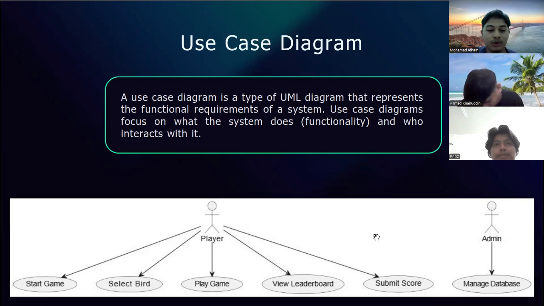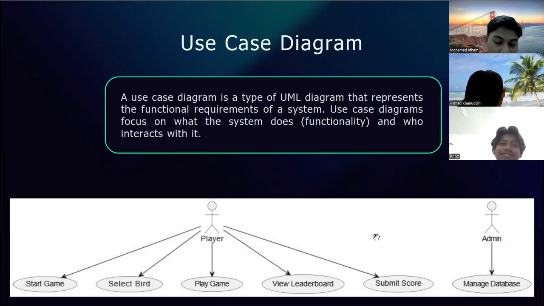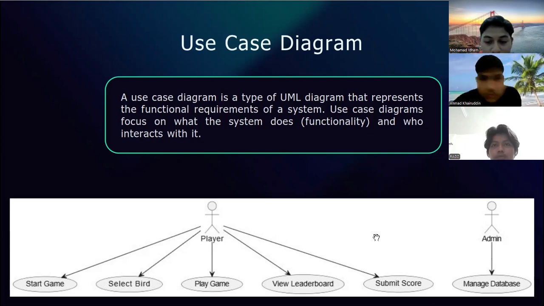And then next we go to the play games use case, which is the core gameplay functionality in this use case, where players control the birds, avoiding the pipes and attempting to score points to get a high score. And then we go to the view leaderboard. The player can view the leaderboard to see the top scorers and their ranking compared to other players.